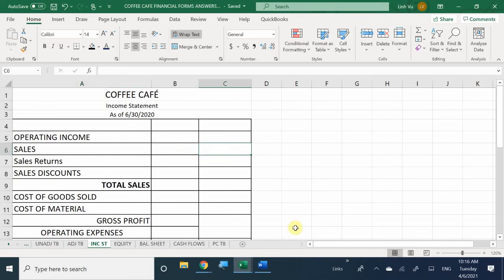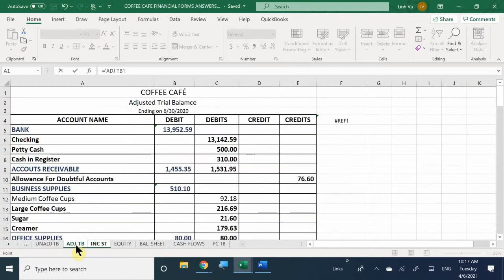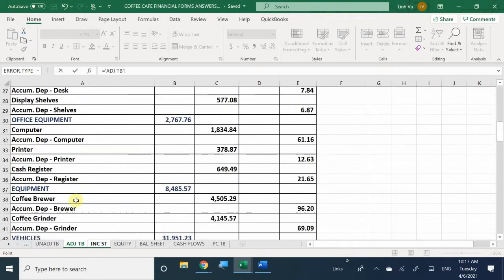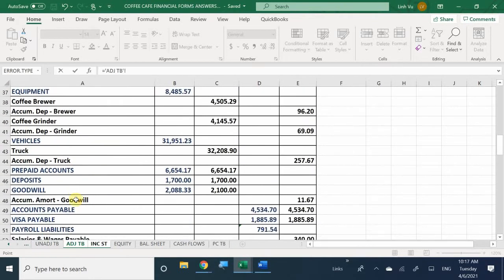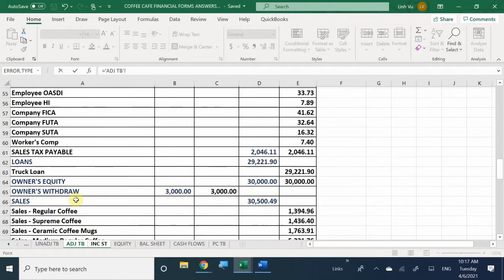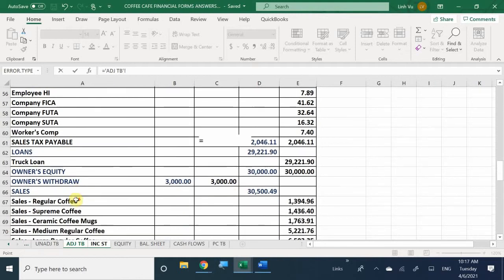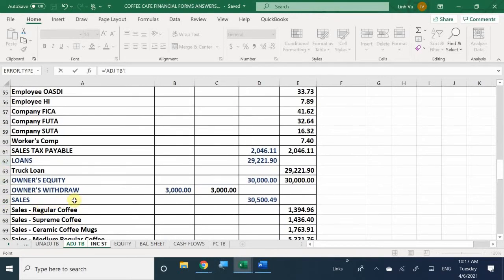First things I want to do here is I want to recognize what my total sales was. So let's go ahead and take a look at my adjusted trial balance. What was my total sales? Okay, so I'm going to go locate my main account down below for my sales. Here's loans, sales. So what was my total amount of sales?